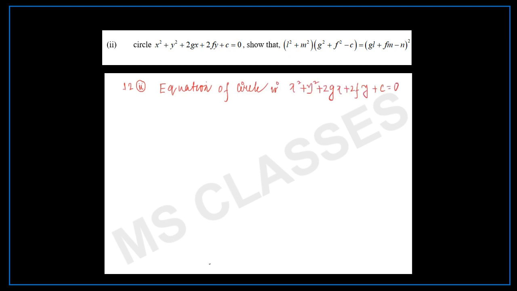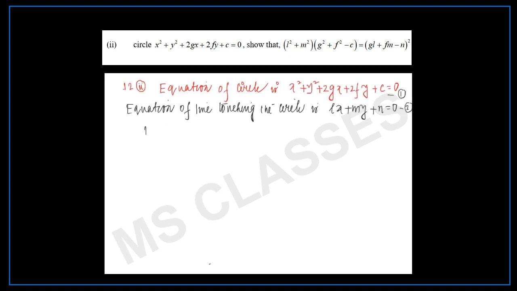And the equation of the line touching this circle is Lx plus my plus n equal to 0. We take the equation of the circle as equation 1 and this one as equation 2.